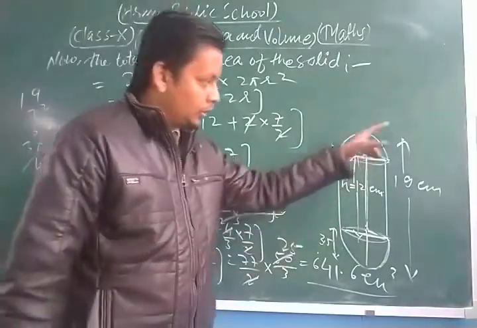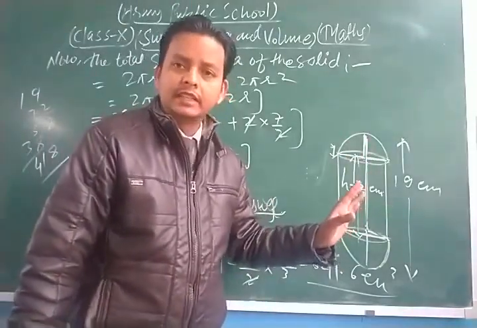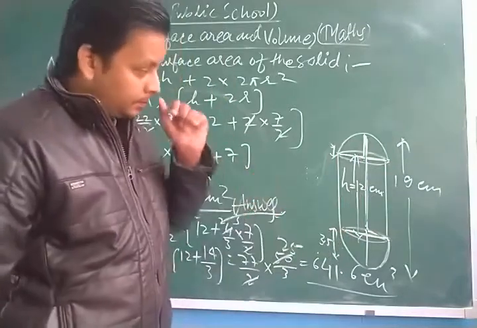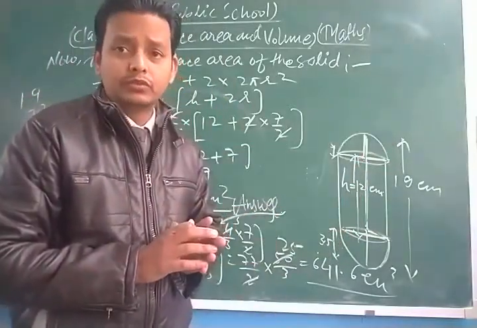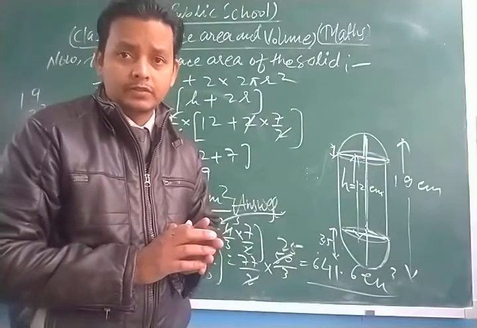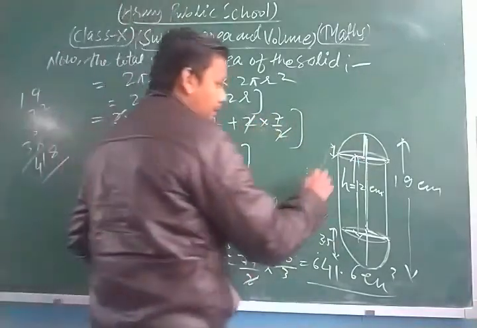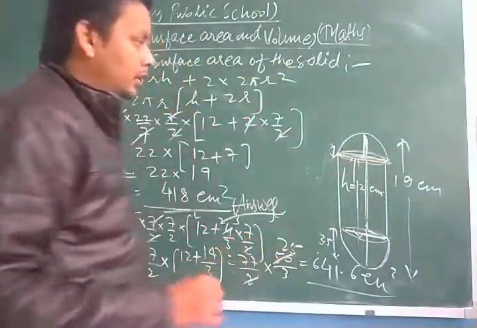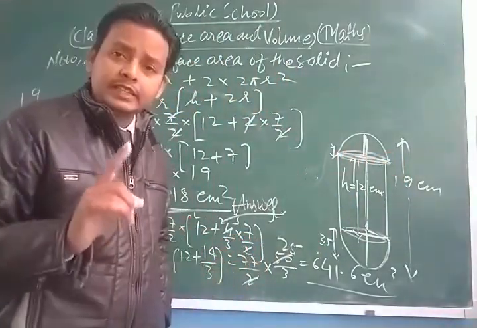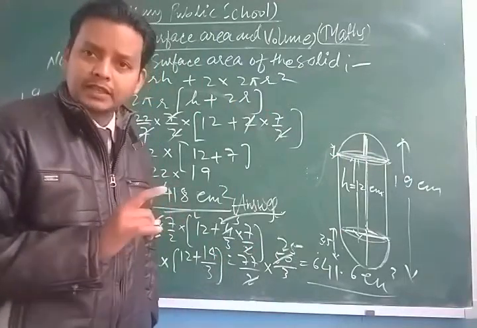Now the total height of the toy is given as 19 centimeter, and the diameter of the cylinder is given. According to the figure, the diameter of the cylinder is the same as the diameter of each hemispherical end, no?